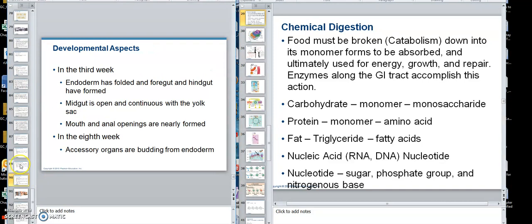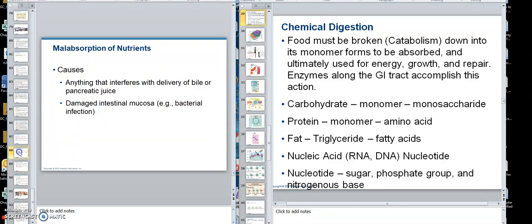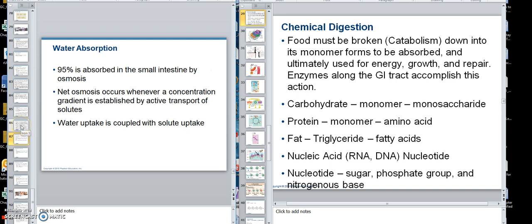Okay, we won't get into the developmental. So we've talked about, and you can kind of glance at that, 95% in the small intestine, but then the rest in the large. You leave about, we said, 150 cc's with your feces.